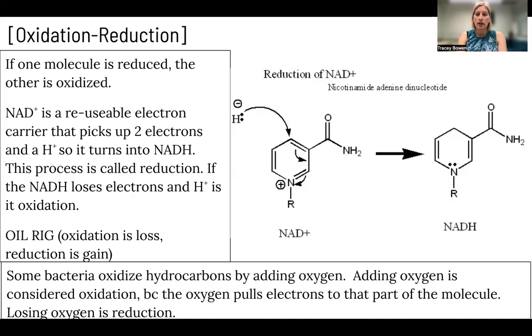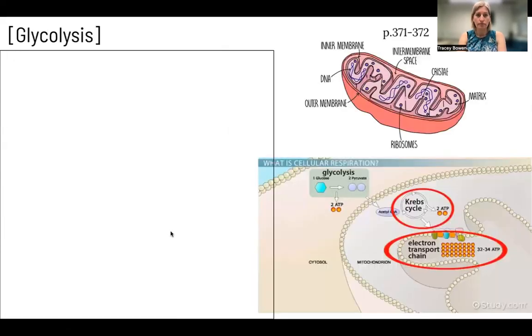Adding oxygen is considered oxidation because the oxygen pulls electrons toward that part of the molecule, pulling them away from other parts of the molecule. So oxidation is loss; those electrons have been lost from certain areas of a molecule. Losing oxygen would be considered reduction. But we're mostly going to be looking at oxidation and reduction with regards to hydrogen ions and electrons.